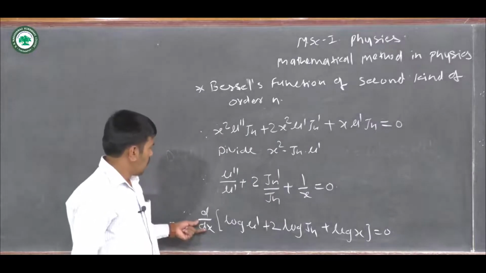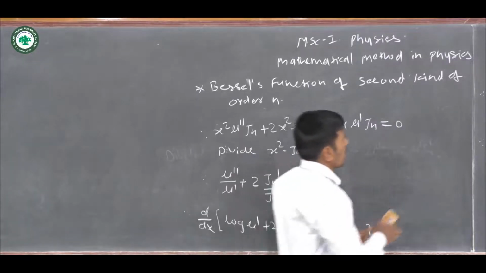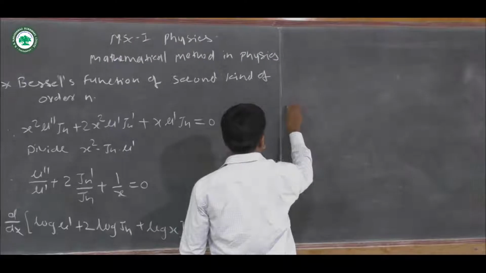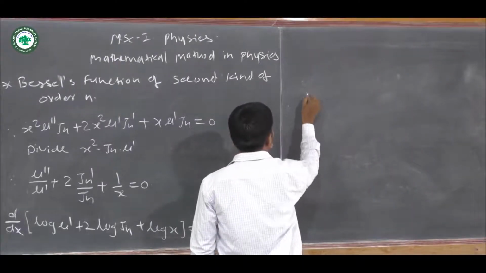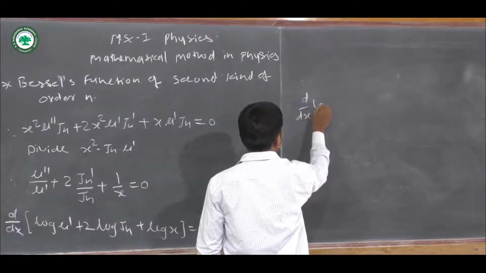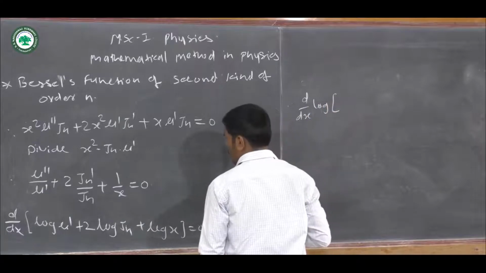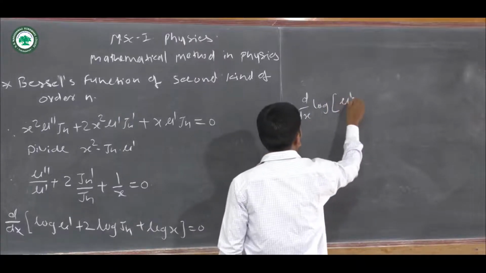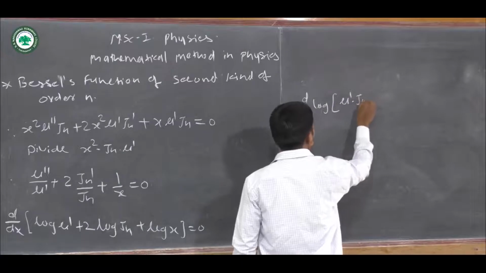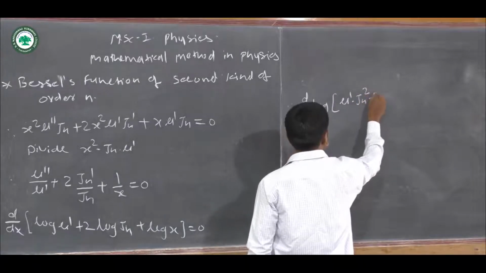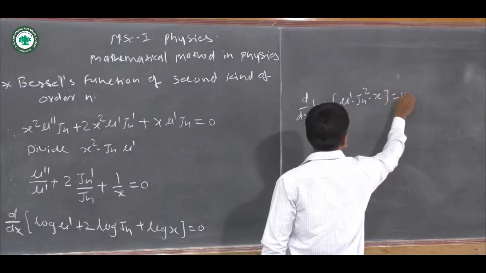If I take out the common log, it is like this: d by dx of log of u' J_n² x is equal to 0.